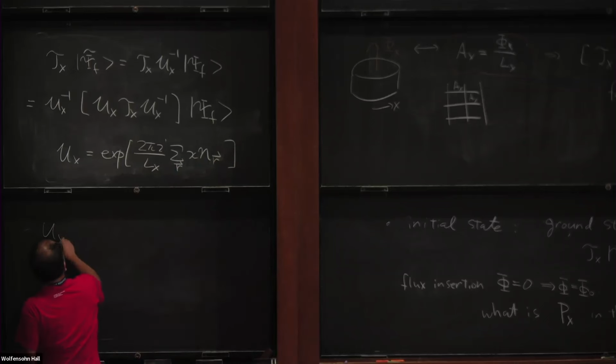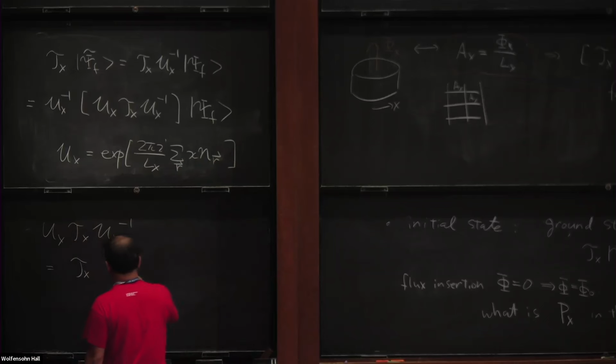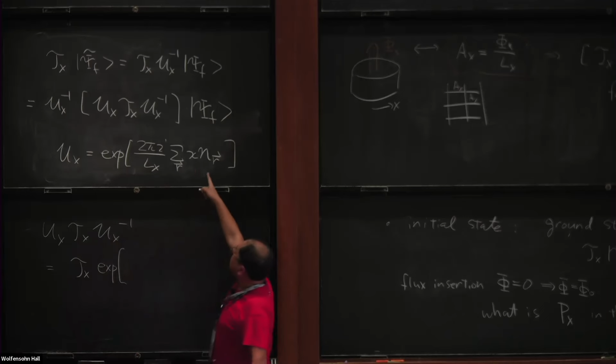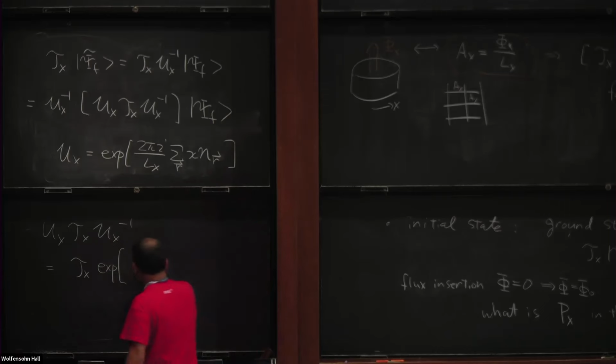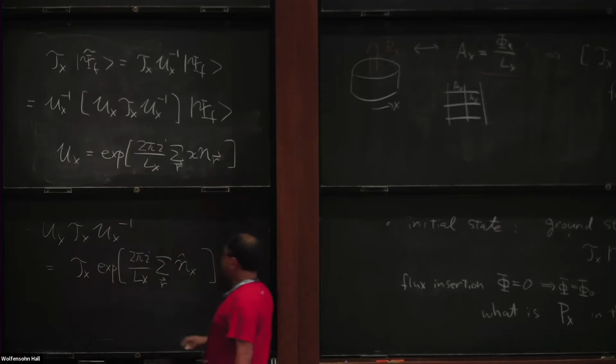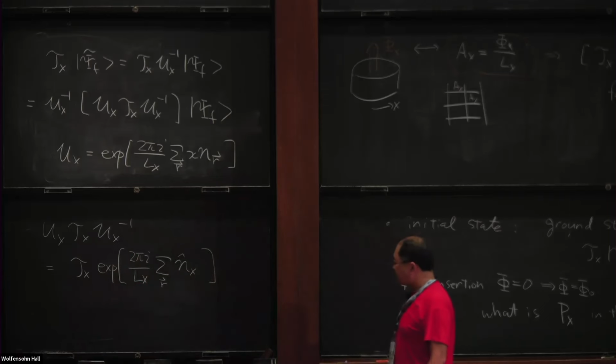So Ux Tx Ux inverse: the translation effect remains, but this x and minus x almost cancel, yet x is shifted by 1. So this plus 1 survives. So what survives is this sum of number operator.